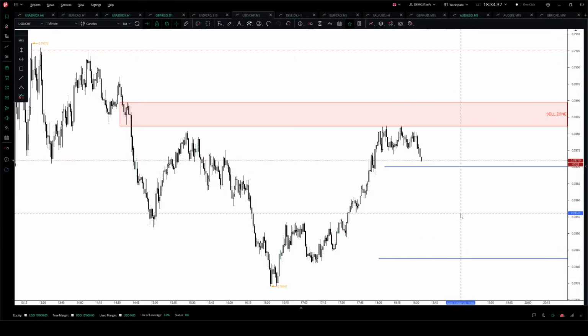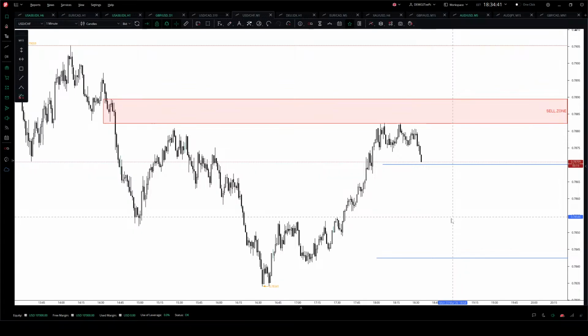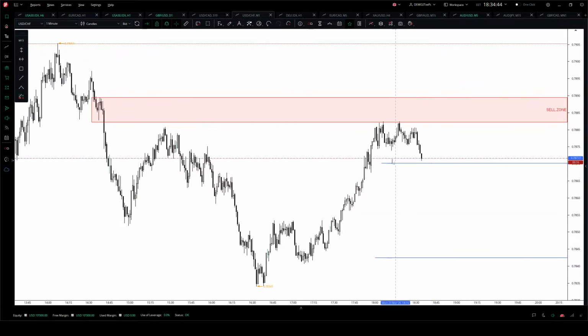We are very close to hitting target one, and it's quite obvious that we are going to hit it because of this support. After breaking this support, this fall is indicating that there were a lot of buyers involved here and they all got hunted.